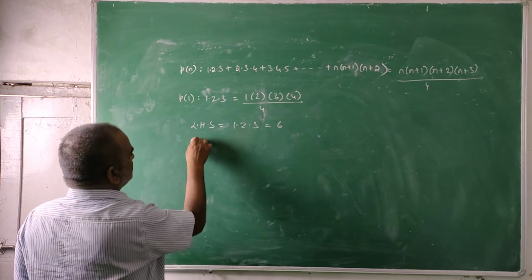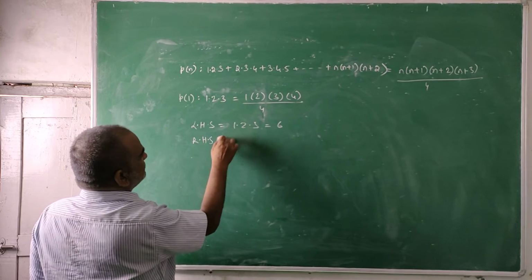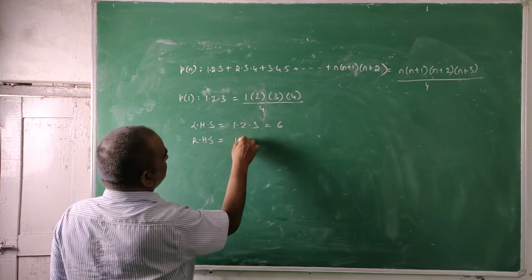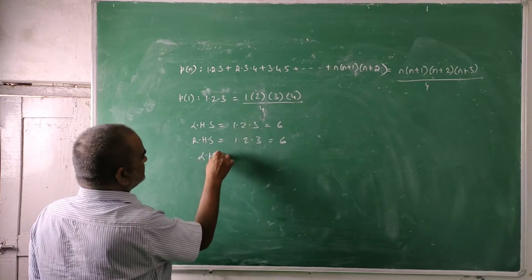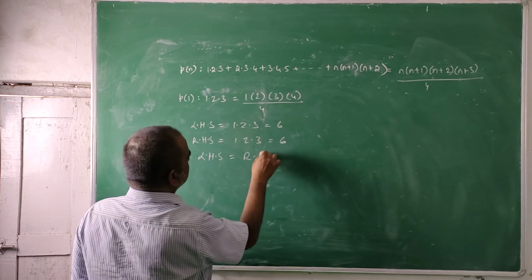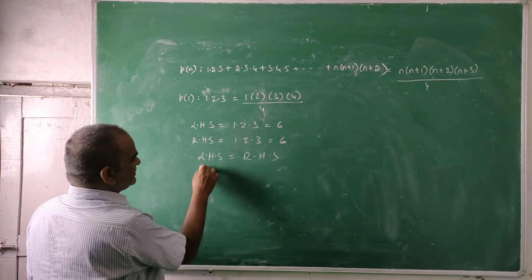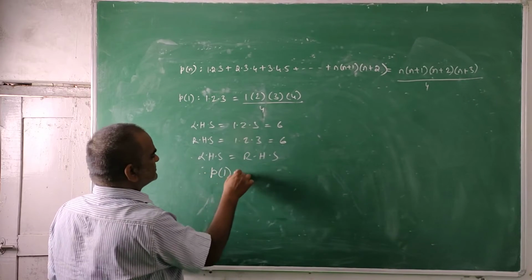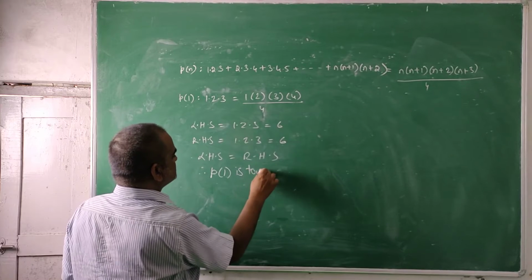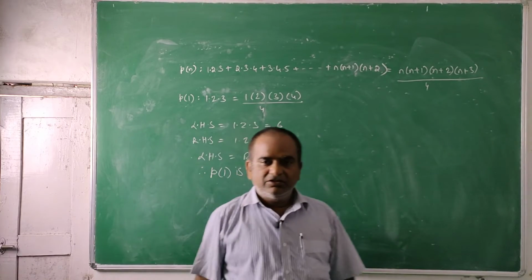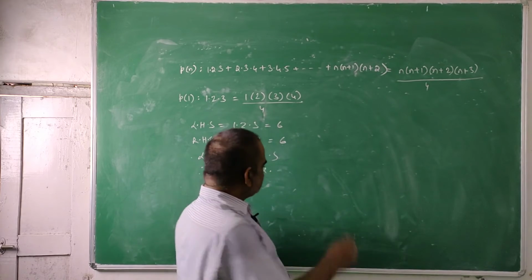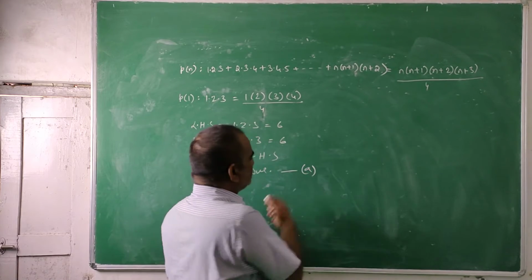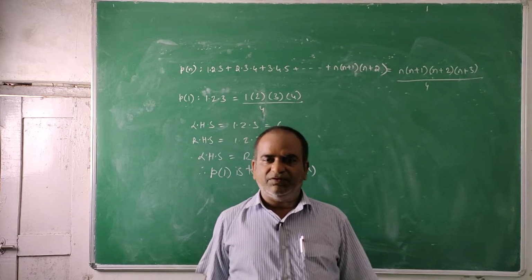Now take RHS, the 4 gets cancelled, again it is 1 into 2 into 3, which is 6. So LHS is equal to RHS. Therefore, P of 1 is true. We have proved that P of 1 is true. Say this is step A. You have finished step A successfully.